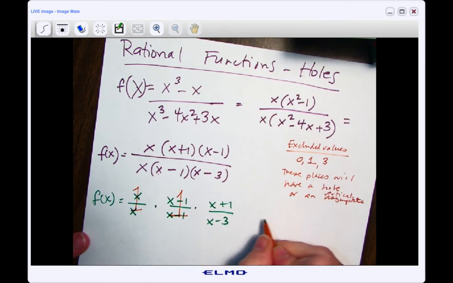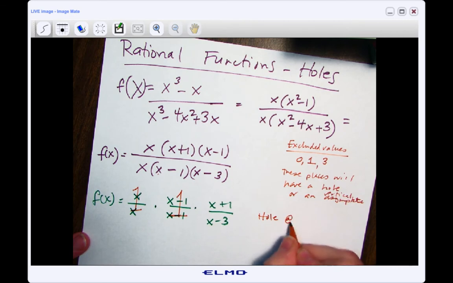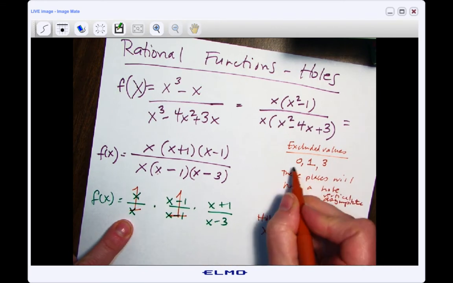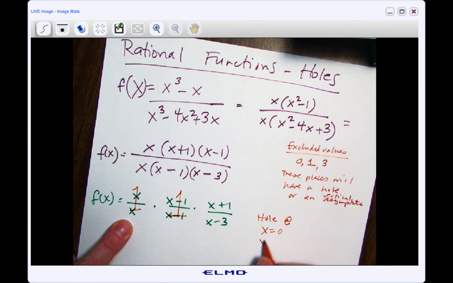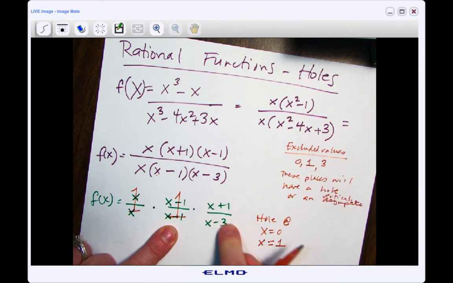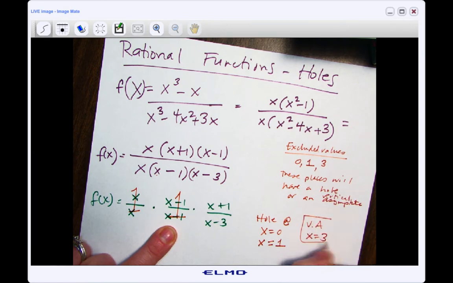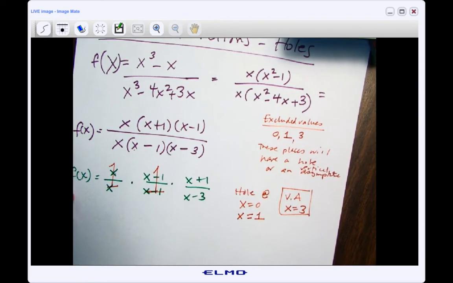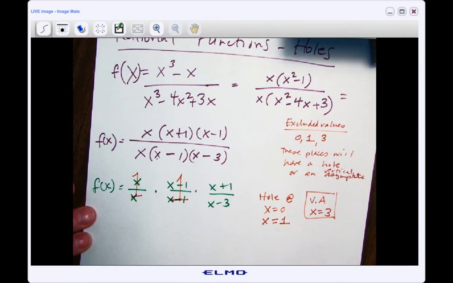We can say that there is going to be a hole at x is equal to, well, what would make this thing undefined? That was the 0. And x is equal to, well, that one was the 1. But this is the guy that's creating the vertical asymptote. So the vertical asymptote is going to be x is equal to 3. Okay? All right, so that tells us the x value of the hole.